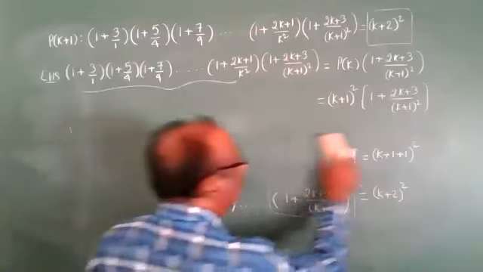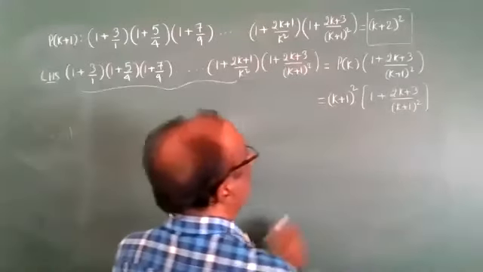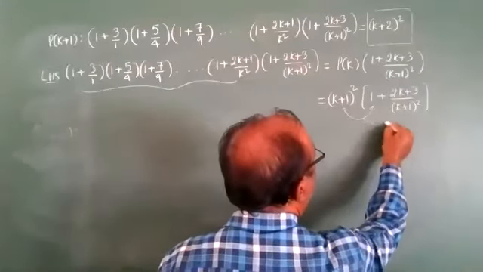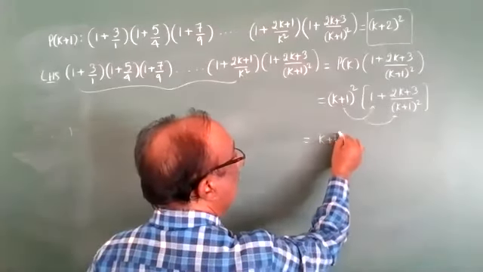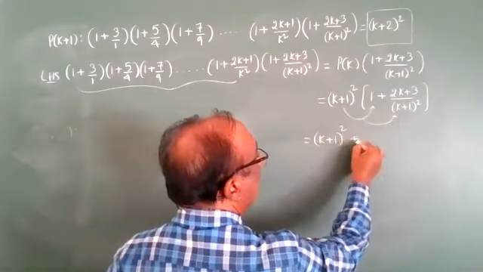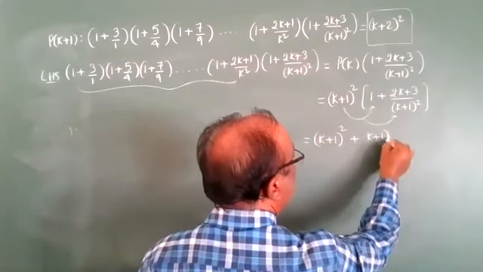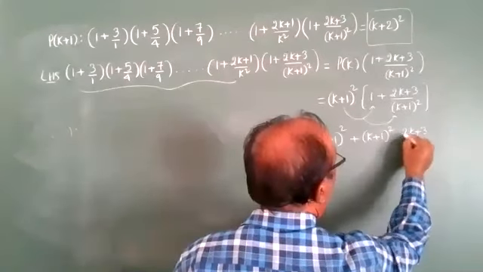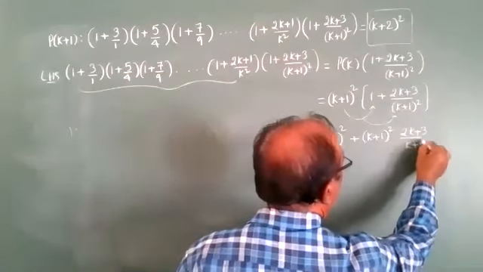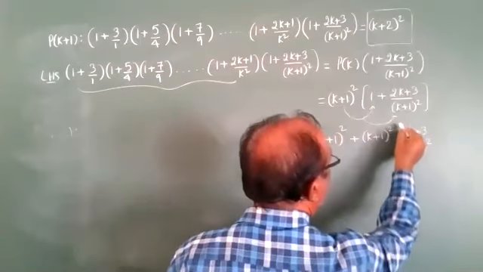Now multiply this one to the 1 and also this one. So (k plus 1) whole square into 1 is the same, (k plus 1) whole square into (2k plus 3) by (k plus 1) whole square. (k plus 1) whole square is cancelled.